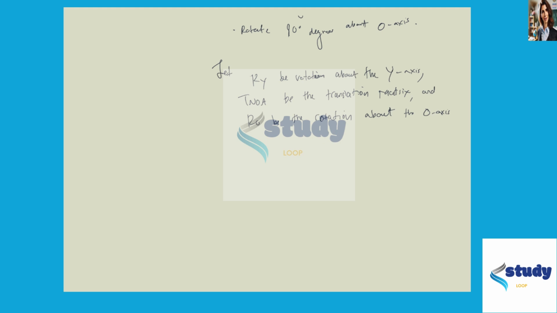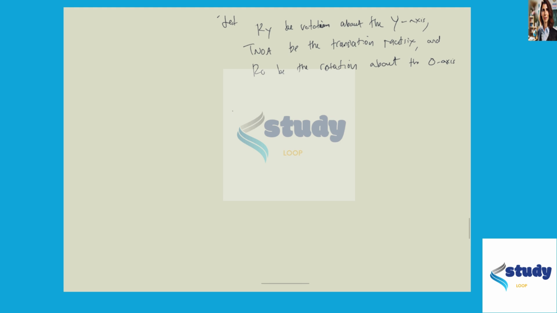All right. So now, what does that look like? R of y is equal to cosine of 45 degrees, 0, sine of 45 degrees; 0, 1, 0; negative sine of 45 degrees, 0, cosine 45 degrees.